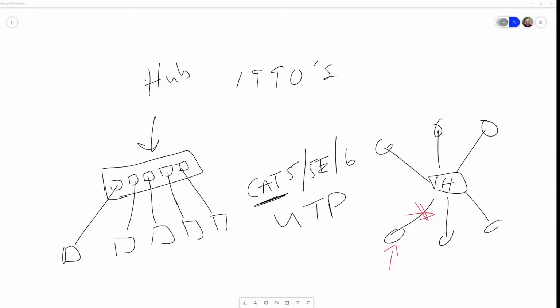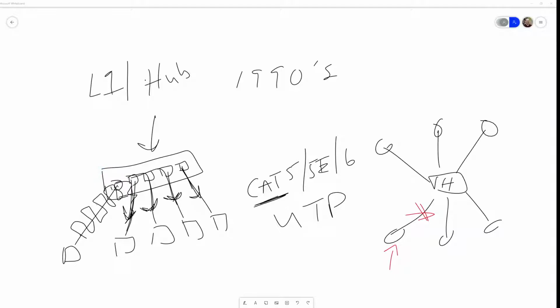Now, early on, the hubs were also layer 1 devices. They would take in an electrical signal, a binary bit stream, and it would repeat it out all the other ports. It would rebuild the signal. So if there was a degradation in the signal, it would repeat it out as a new, cleaned signal.